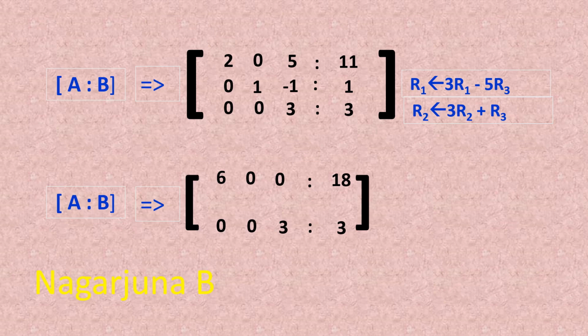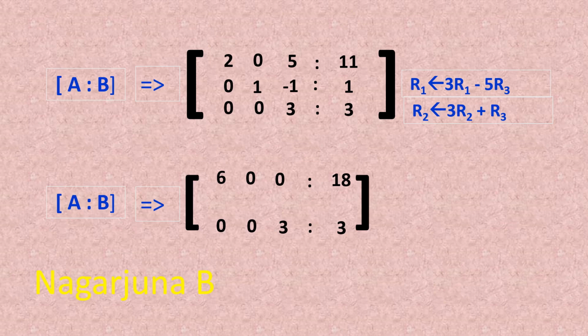R2 equal to 3 into R2 plus R3, because you can observe the third element of the second row is minus 1. So 3 into minus 1 will be minus 3, plus the third element of R3, which is 3. Minus 3 plus 3 will become 0. For that purpose R2 equals 3R2 plus R3.